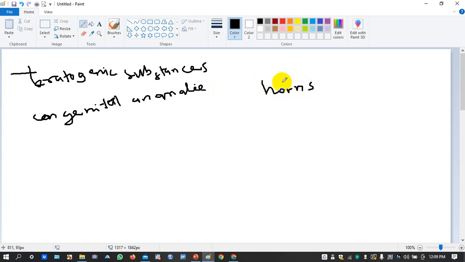Some of them will end up coming with only one eye. Some of them will end up coming with only one ear. Or even if the ear is there, it's going to be anotia, absence of ear, or absence of ears, or microtia, very small ear.